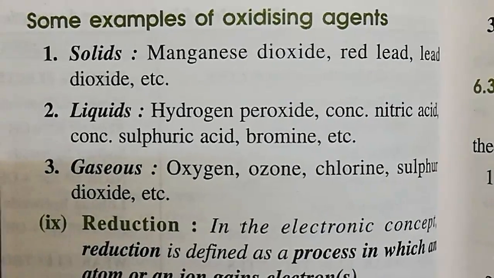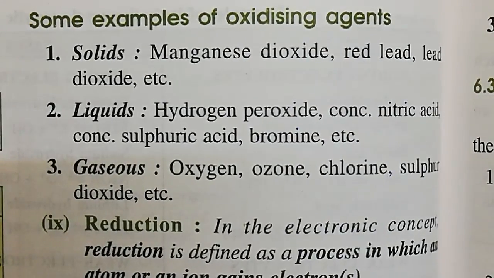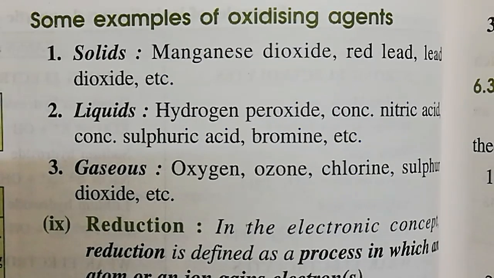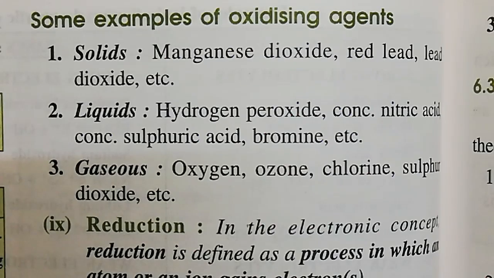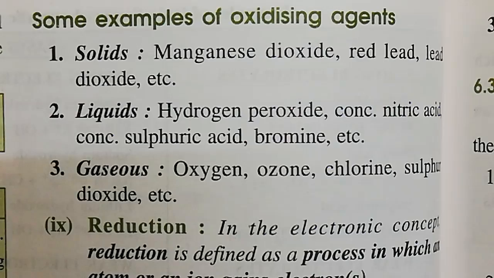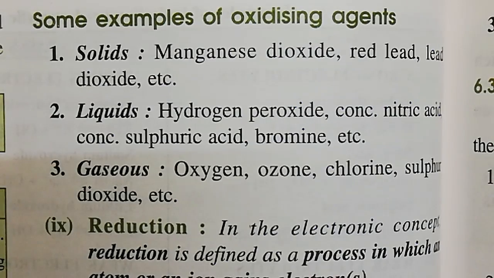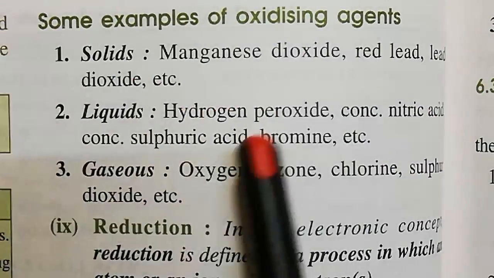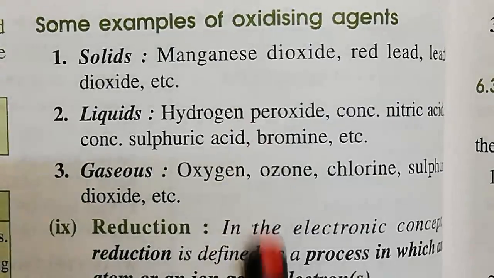So here we came to know what oxidation is. Oxidation means loss of electrons. It means addition of oxygen, and it also means removal of hydrogen. And we also learned that there are different kinds of oxidizing agents, like solids, liquids and gases, with their examples.